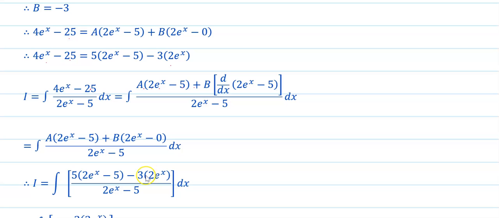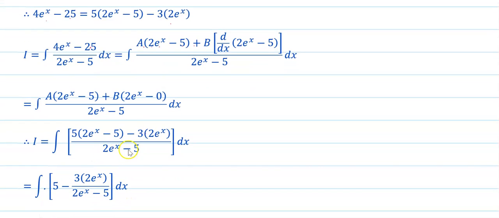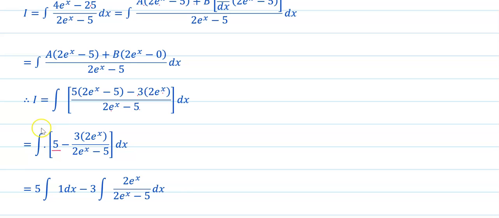Substitute the value of a and b. Separate it. 2e^x − 5 upon 2e^x − 5 gets cancelled, you will get 5. Then −2 into 2e^x upon 2e^x − 5. Now the integral of this 5 is a constant, take it outside. Integral of 1 dx.